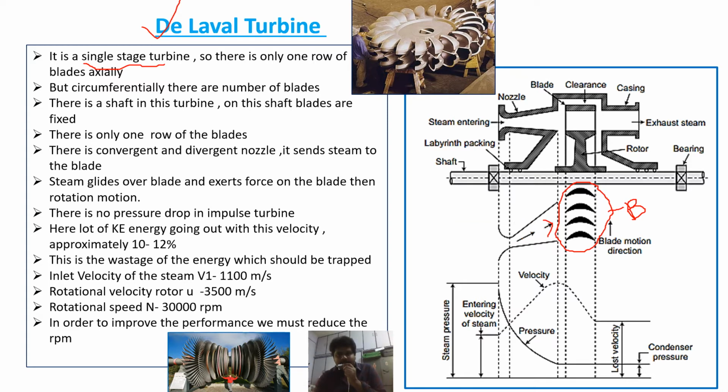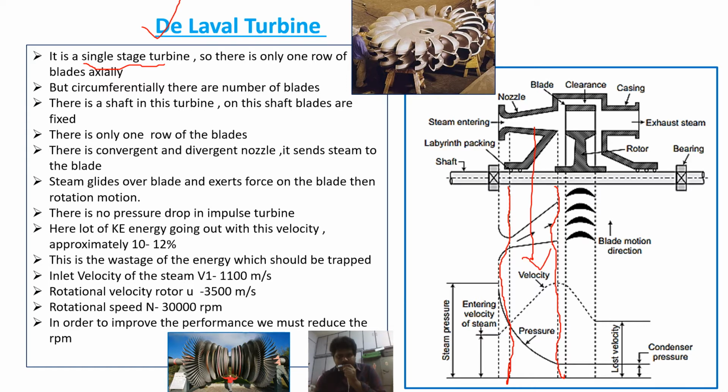Now let us discuss how velocity and pressures are varying in the De Laval turbine. Okay. Now here you could see they have shown with the dotted line. This area is the nozzle area because here nozzle is there.